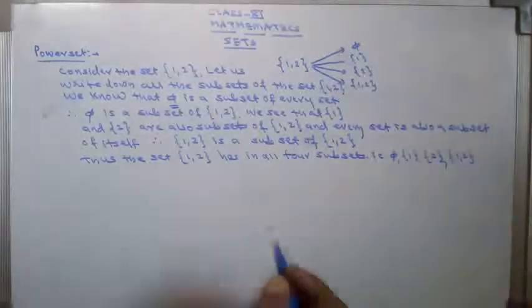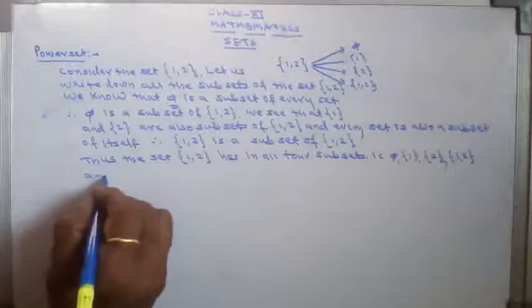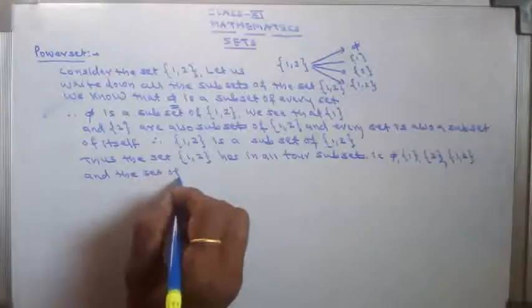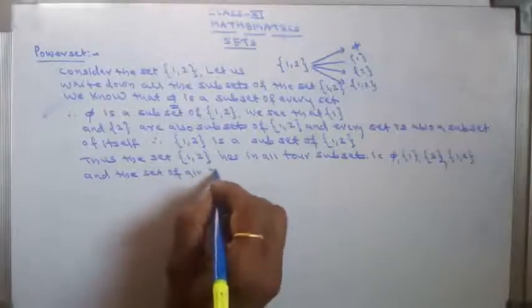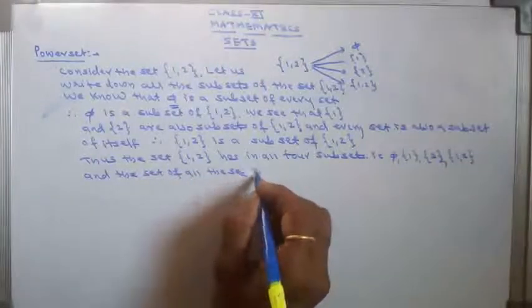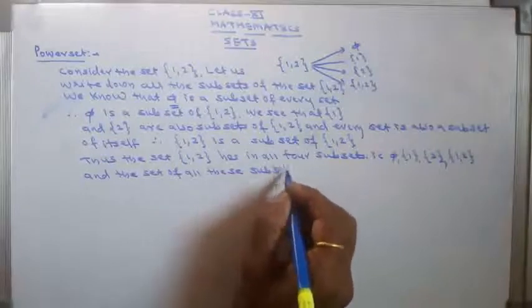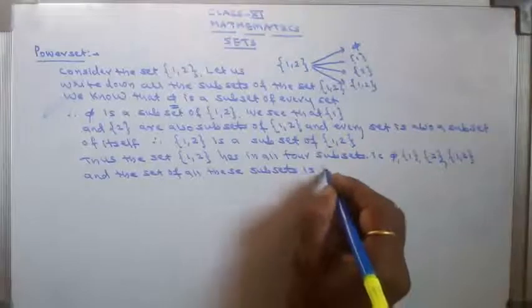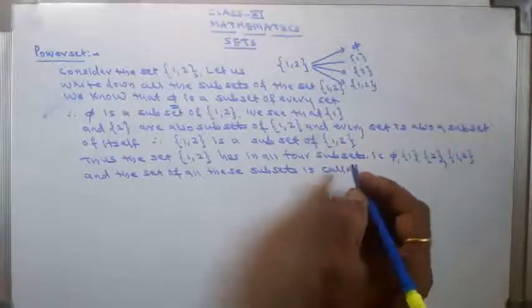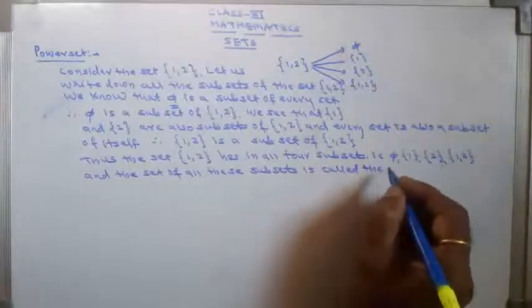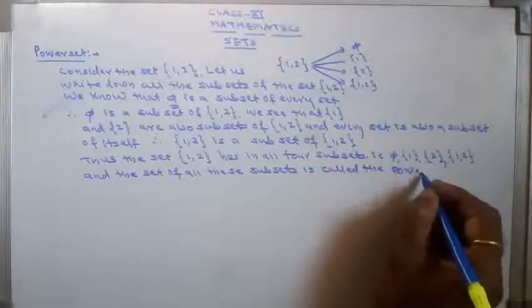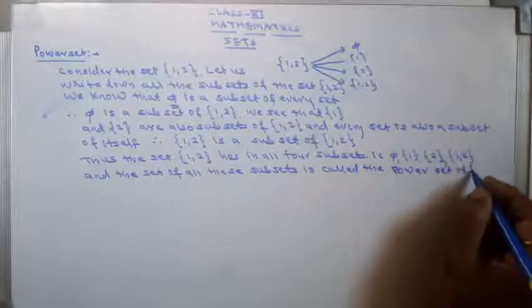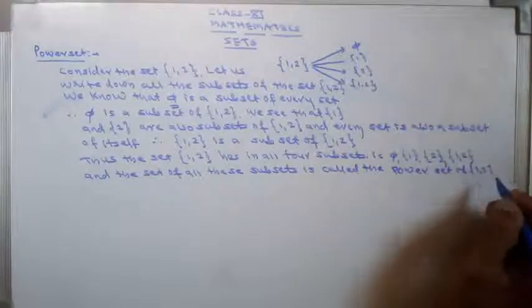The set of all these subsets is called the power set of {1, 2}.